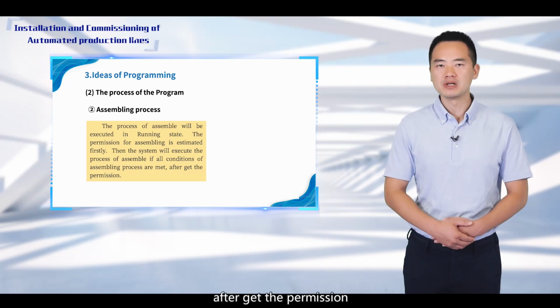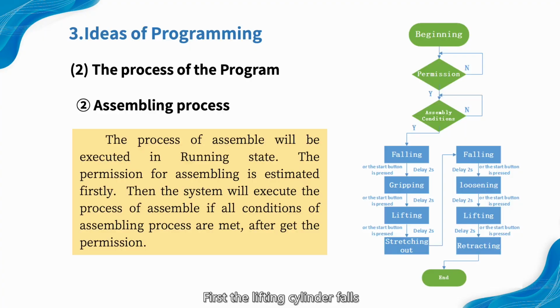After getting the permission, first, the lifting cylinder falls. Second, the clamping cylinder collapses to grip the part in the right trail of a rotating mechanism. Third, the lifting cylinder lifts. Fourth, the stretching cylinder stretches out.